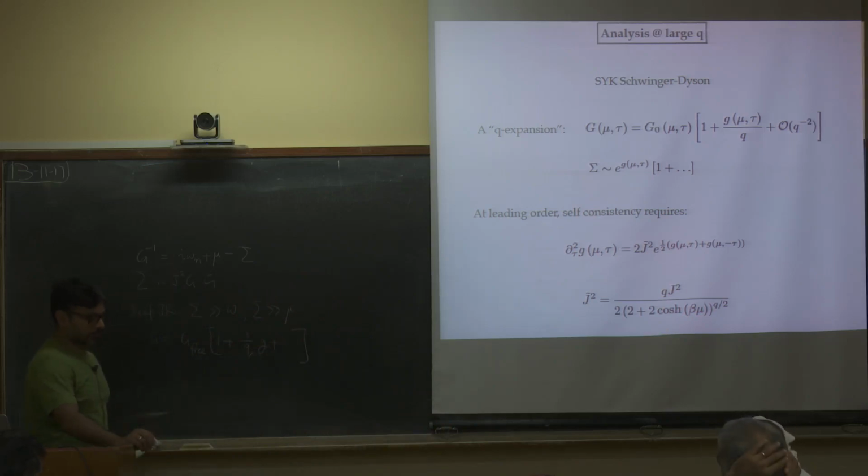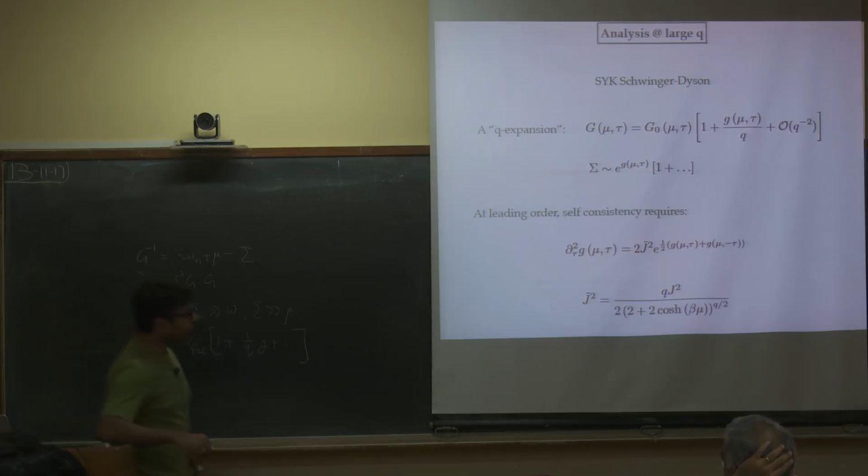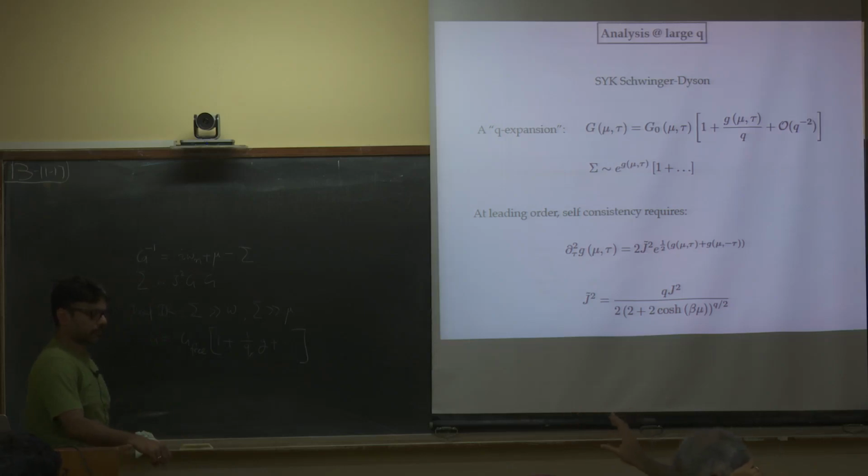Suppose your temperature goes to 0 and mu goes to 0, but mu over T is fixed. And omega somehow scales so that that mu term cannot be dropped. Isn't there, let me ask you this, I have not understood exactly the deep infrared.